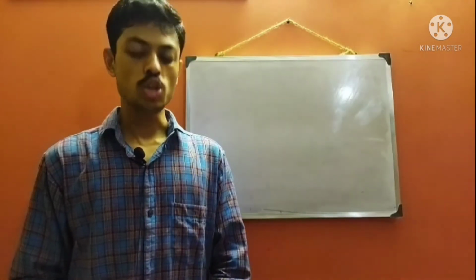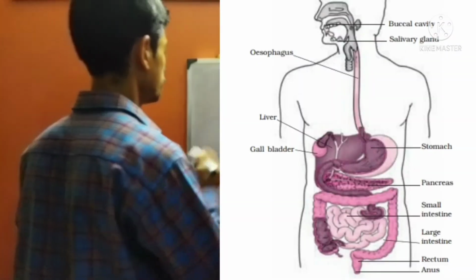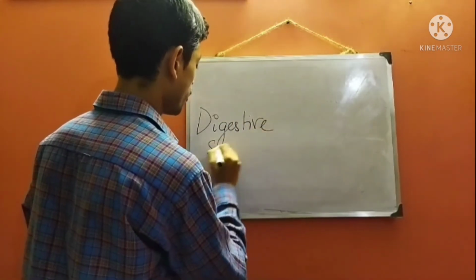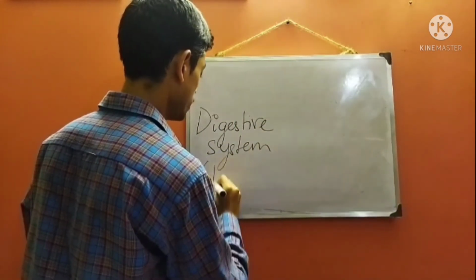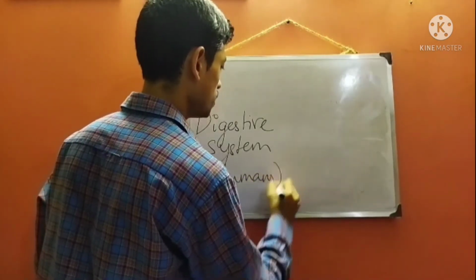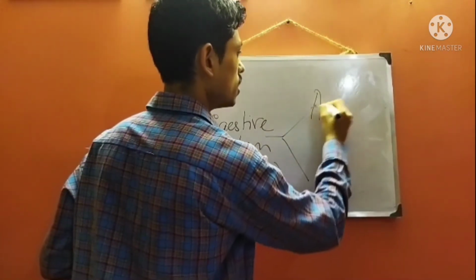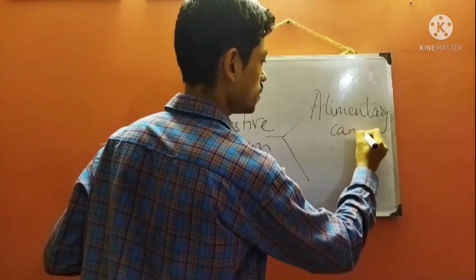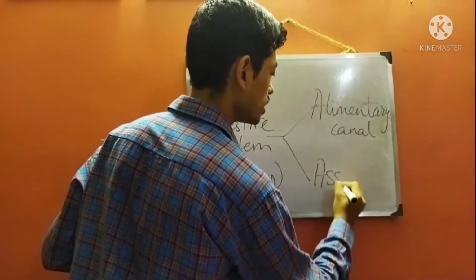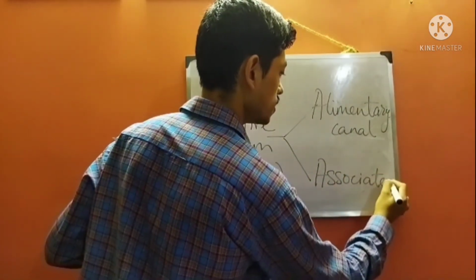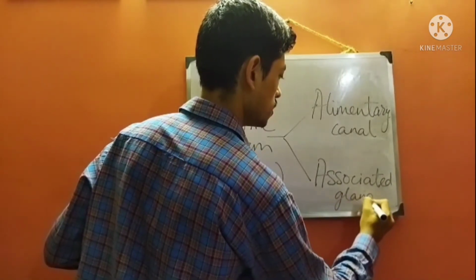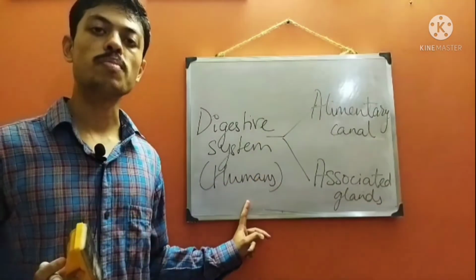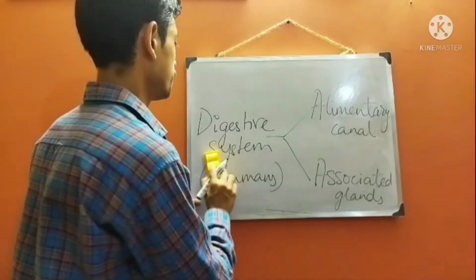The digestive system in humans comprises of the alimentary canal, or the digestive tract, and the associated glands. The alimentary canal and the associated glands together form the digestive system in humans.